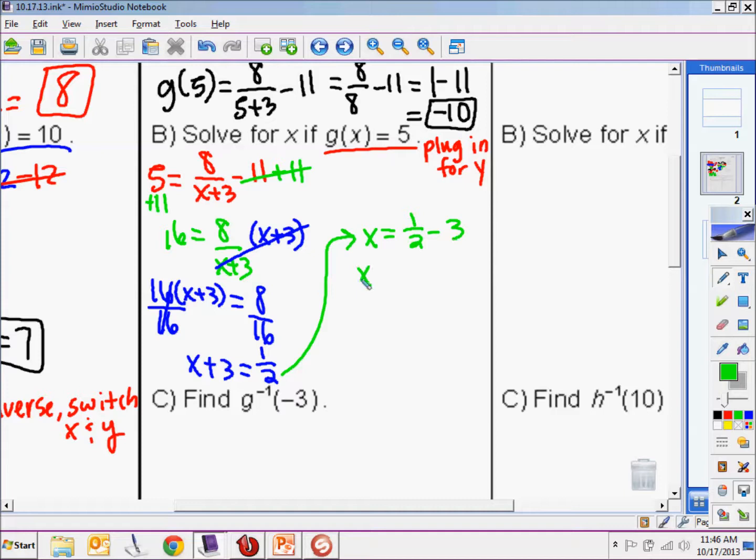So what is that? Oh. It would be a negative 2.5. Either negative 2.5 or x equals negative 5/2. Either answer would be correct.